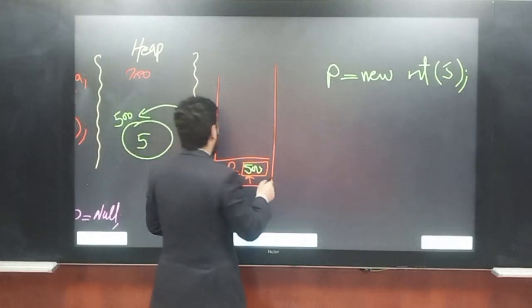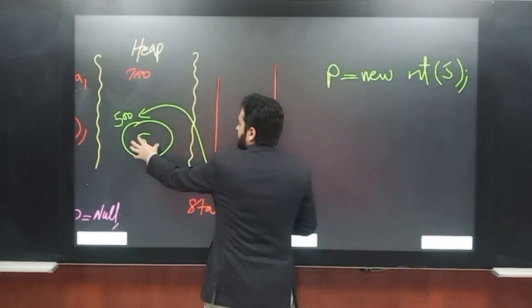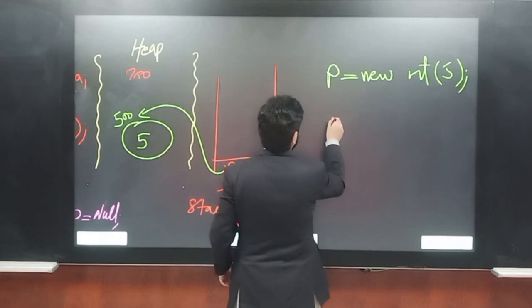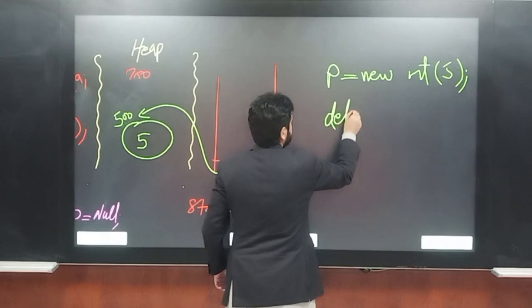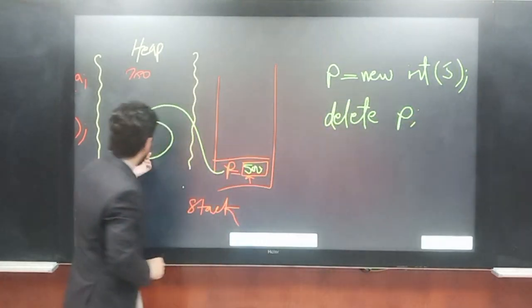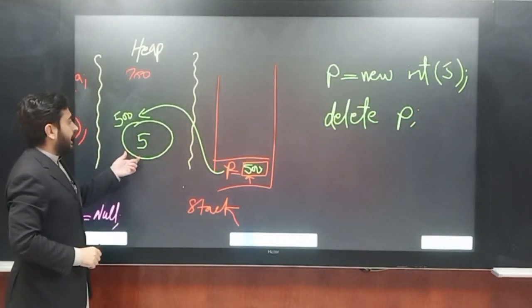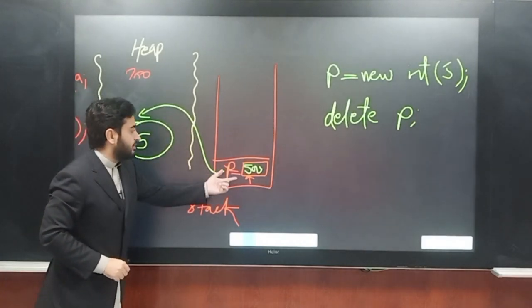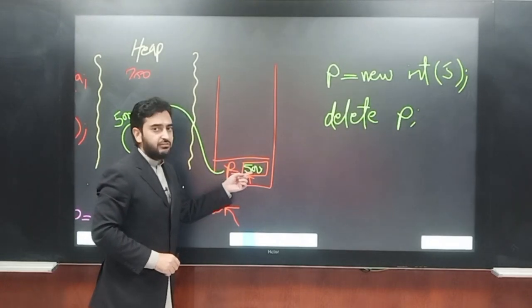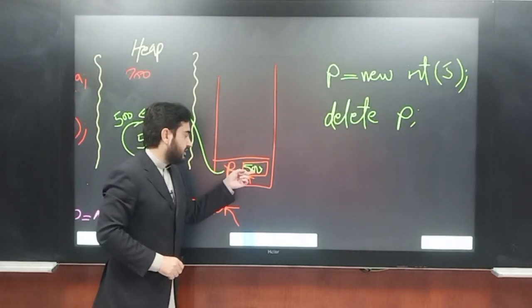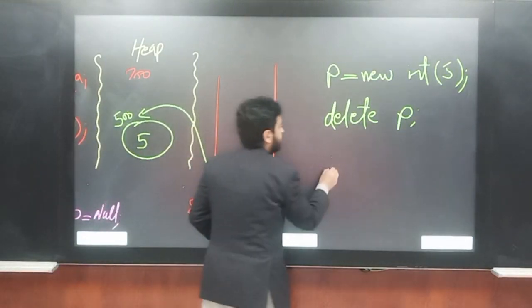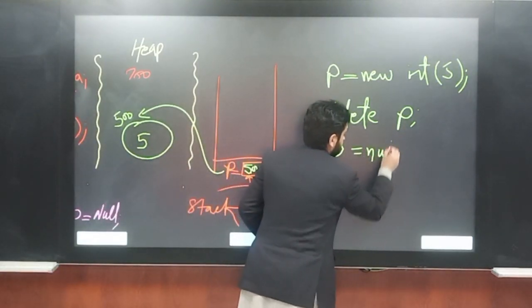So if you want to delete this object inside the heap, we need to write the delete keyword and then P. It will delete the object, but it will not delink the P. It will not delete the address saved inside the P. So for that you need to assign P with null.